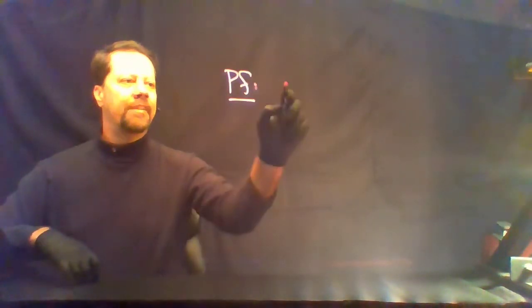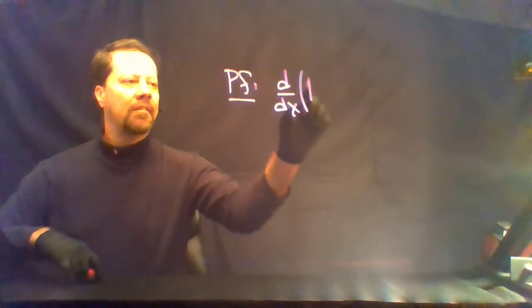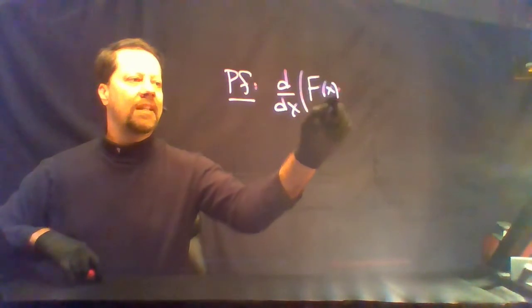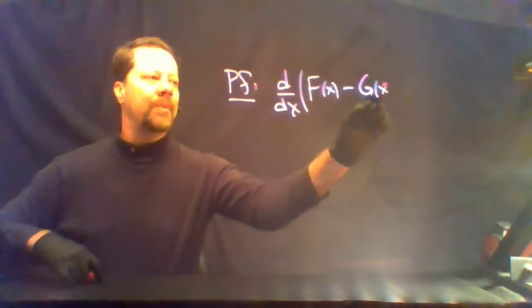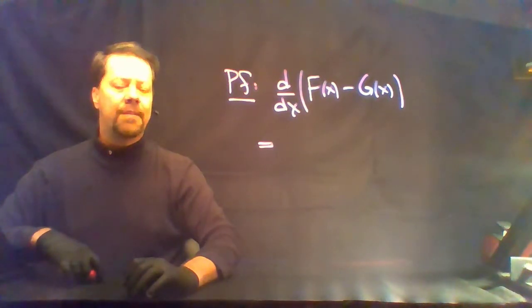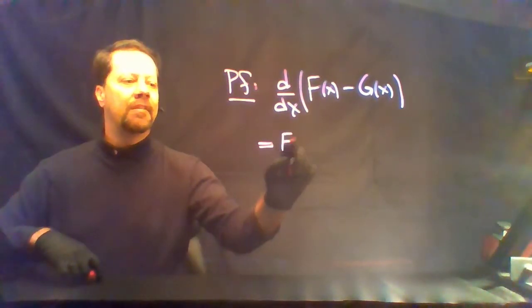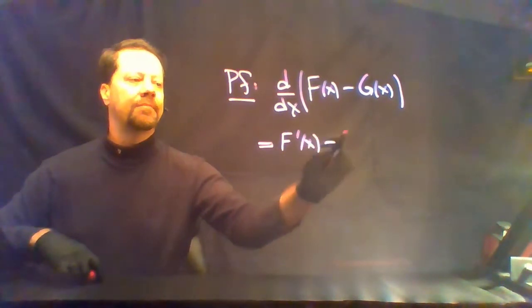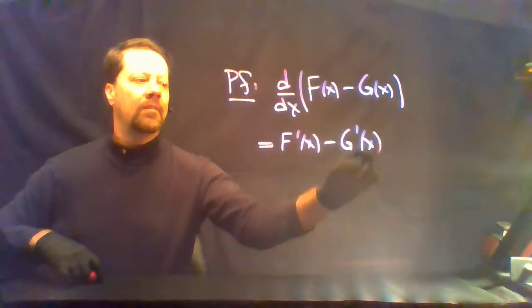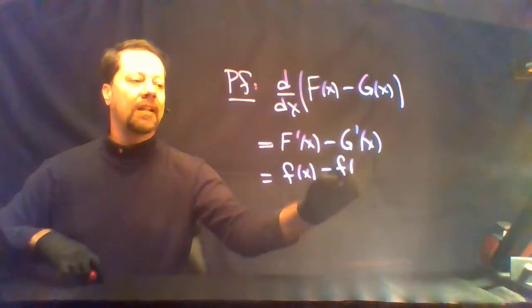The way to prove it is to look at the following. We'll take the derivative of the difference between these two. We've assumed that both big F and big G are antiderivatives of little f, which means by definition they both have derivative equal to little f.